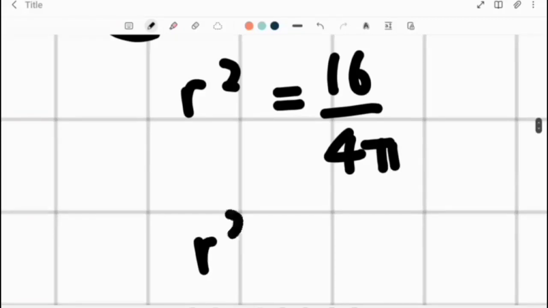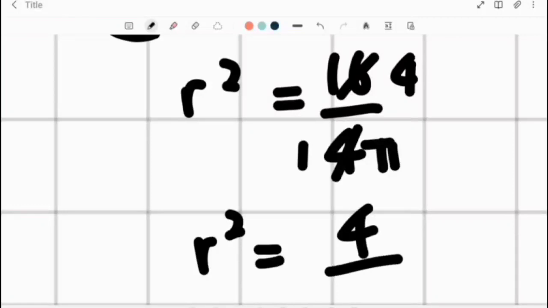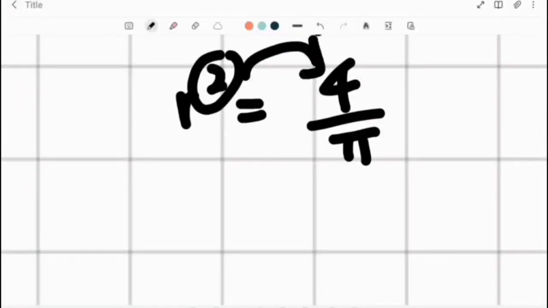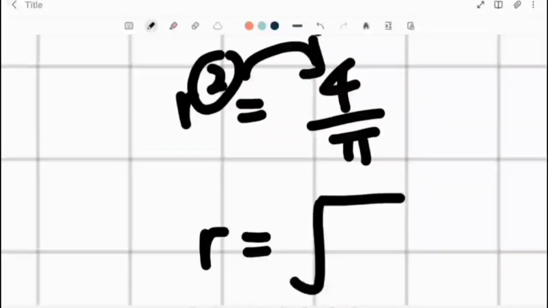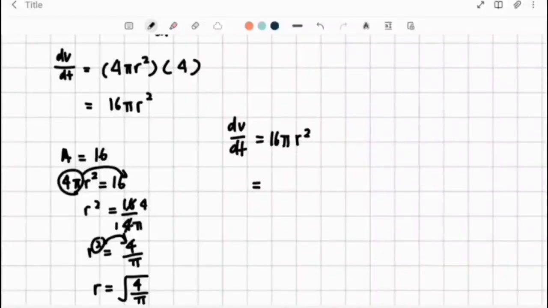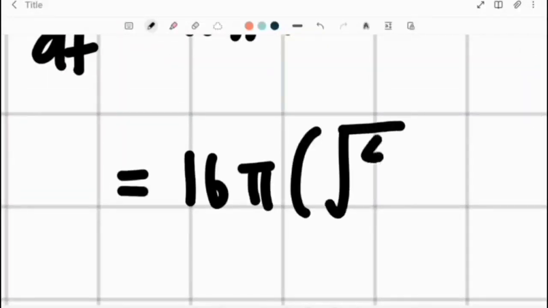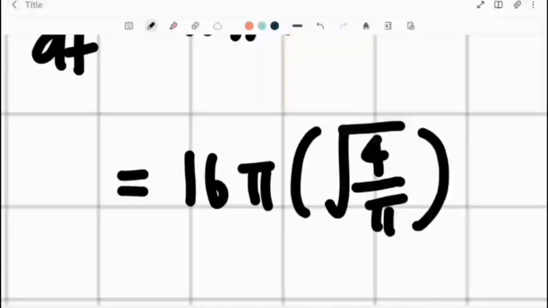So we will simplify this, and we will get 4 over pi, and this square we will convert to another side, which is we will get square root 4 over pi. So finally we can find dV over dt, which is 16 pi r square, and the r value is square root 4 over pi. So we need to fill in the r, which is square root 4 over pi squared.